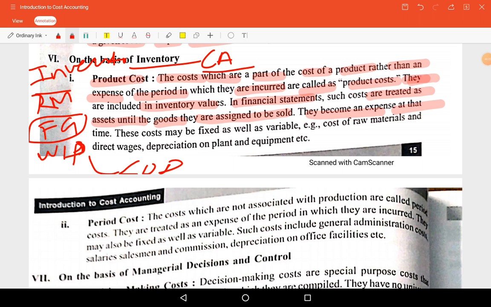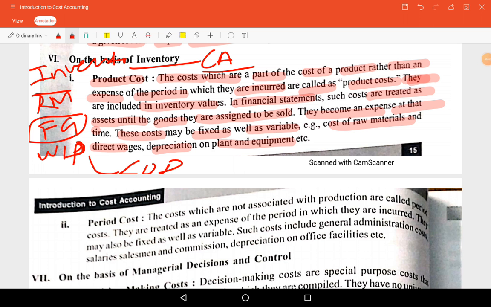Example, cost of raw material and direct wages, depreciation on plant and equipment.